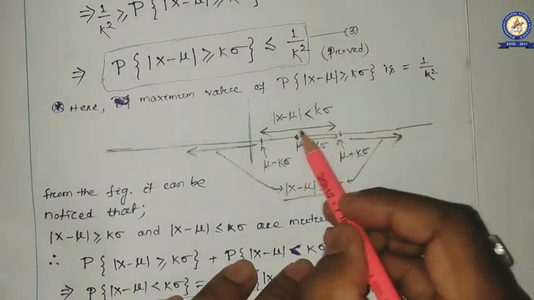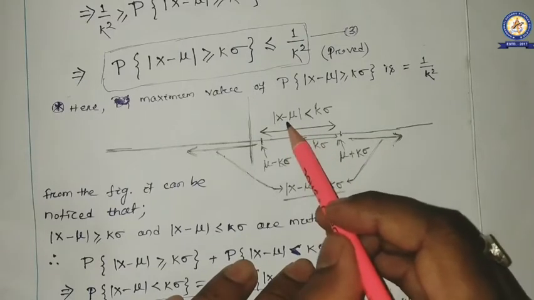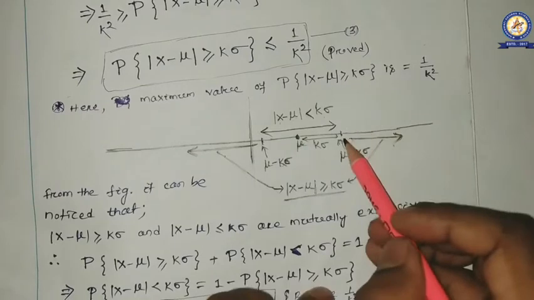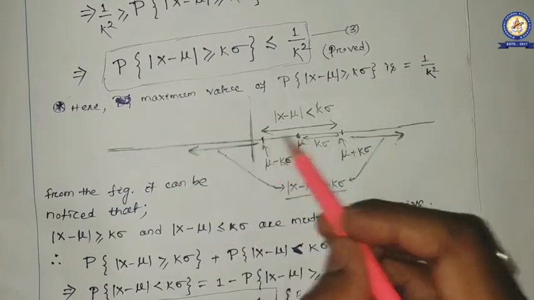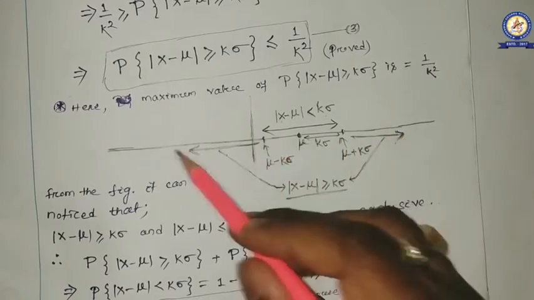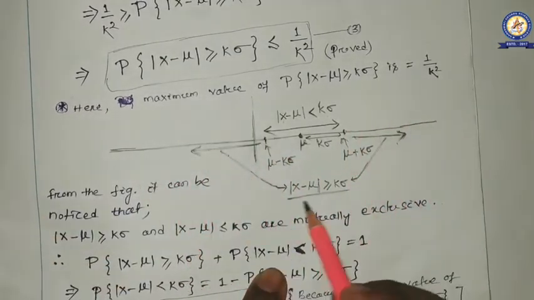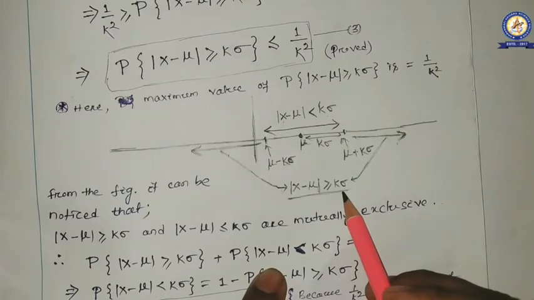In between this range is represented as |x minus mu| less than k sigma, and beyond these points, this range is represented as |x minus mu| greater than or equal to k sigma.